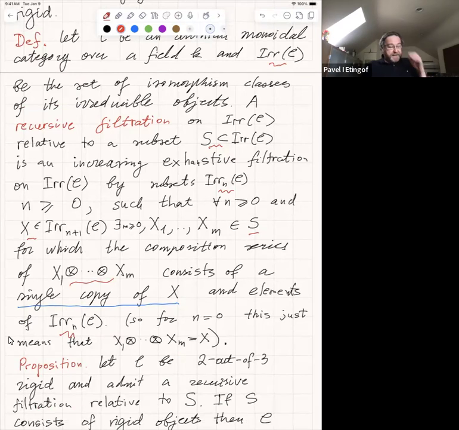So this means basically that X can be expressed in the Grothendieck ring as a polynomial in these xi, except that I don't assume at this point that the category has an exact tensor product. I only assume that it has right exact tensor product as in an R category, and so the notion of Grothendieck ring does not make sense, but this is the definition.